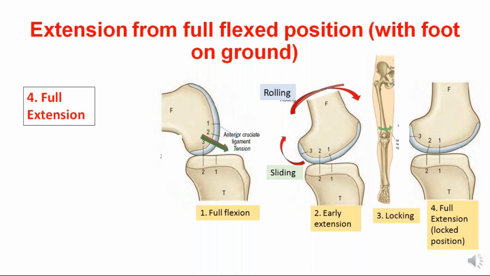Therefore, there will be a locking mechanism in which there is medial rotation of the femur, which occurs on a vertical axis. This vertical axis passes through the head of the femur to the lateral condyle of the femur.